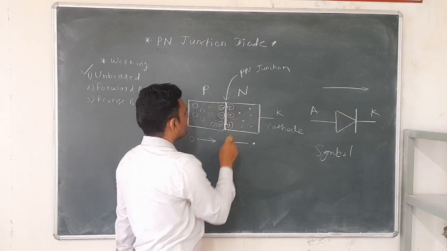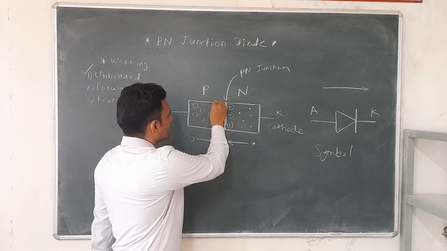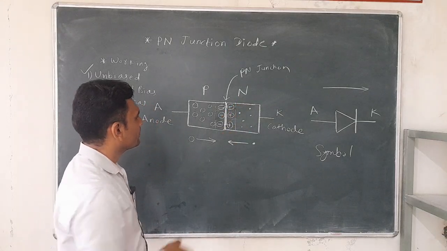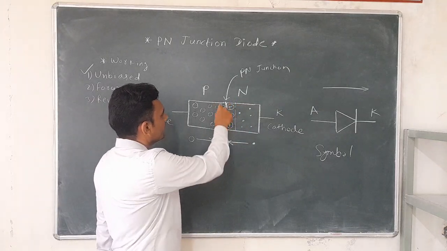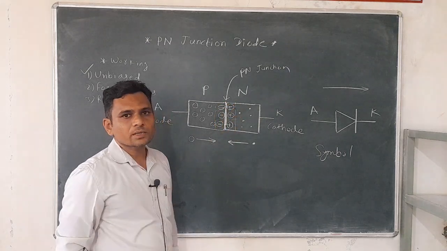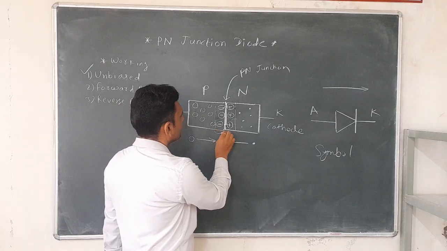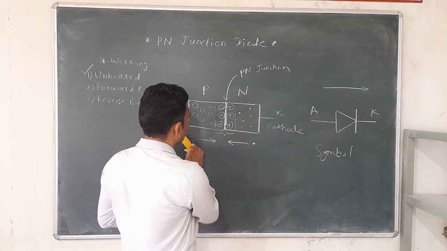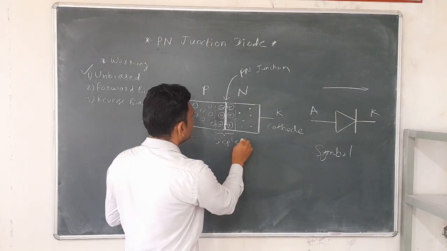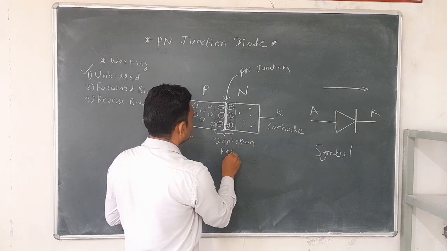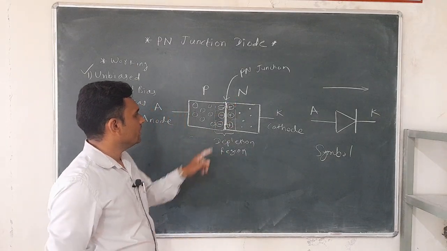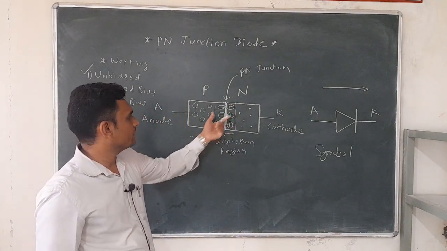So across this PN junction, on one side negative ions are formed and on the other side positive ions are formed. This region is called the depletion region. In this region only immobile ions are present.